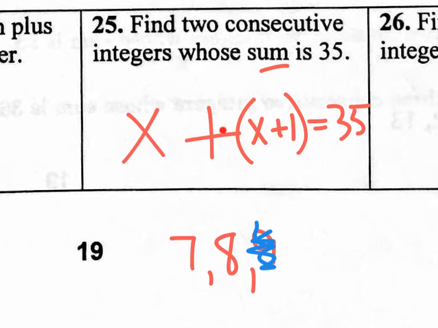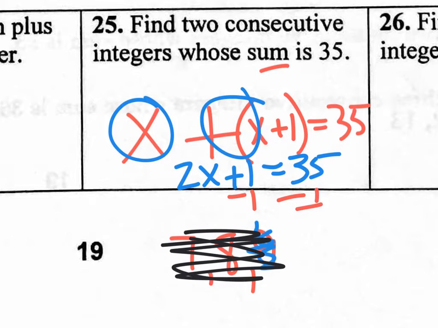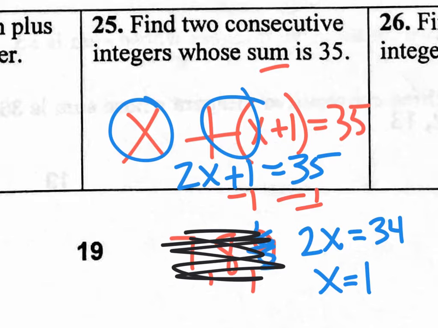There is no number to distribute, so I could forget about the parentheses and simply combine x plus x. That would give me a 2x. 2x plus 1 equals 35. So if I subtract 1 on both sides, I'll get 2x equals 34, which means that x equals what? 17.